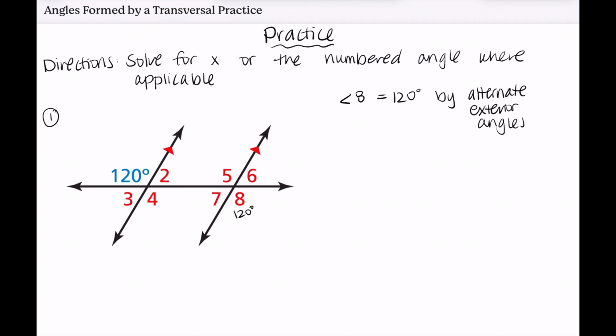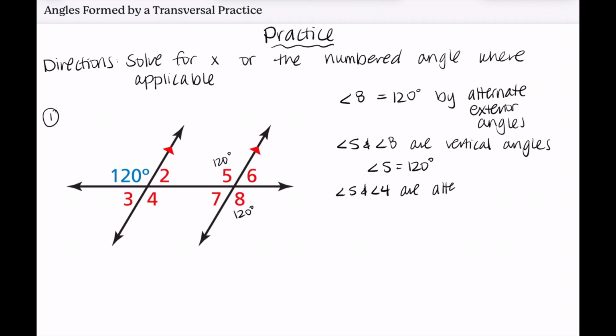If we look at number 1, we are given 120 degrees, and we can go through and solve for angle 8, also being 120 degrees because alternate exterior angles are congruent. So we know that angle 8 is 120 degrees. Because of that, we can also assume that angle 5 will be 120 degrees as well, because those two are vertical angles.